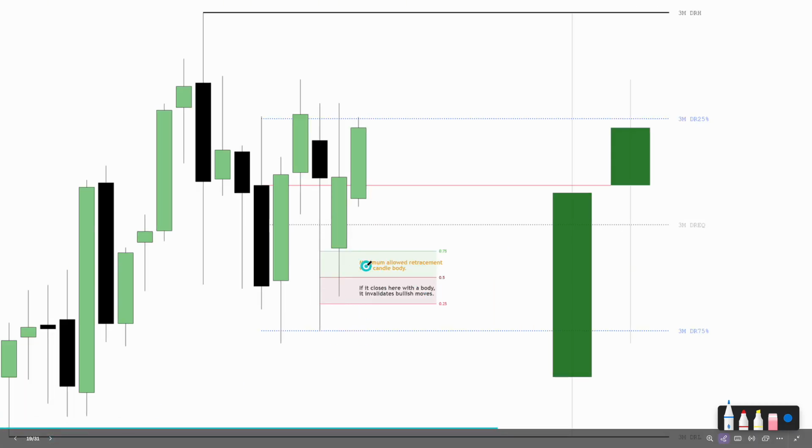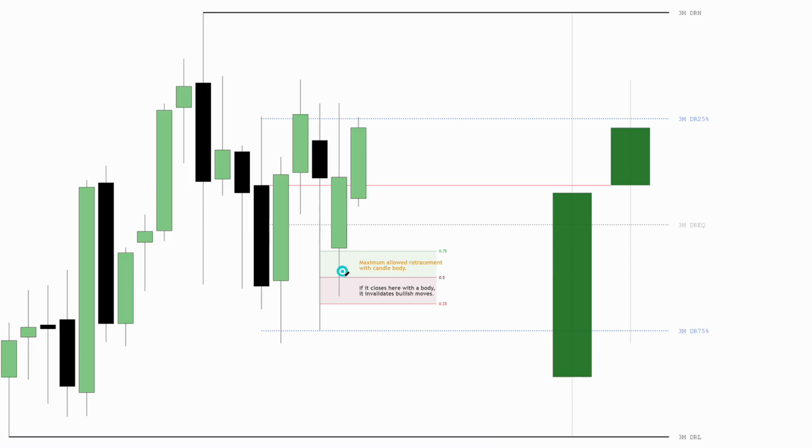The next candles, look, candle bodies above the midpoint between equilibrium and 75. Price doesn't close below this level, so the bullish idea continues.